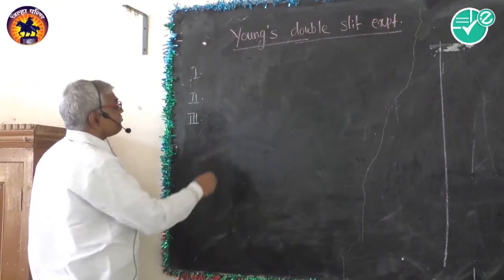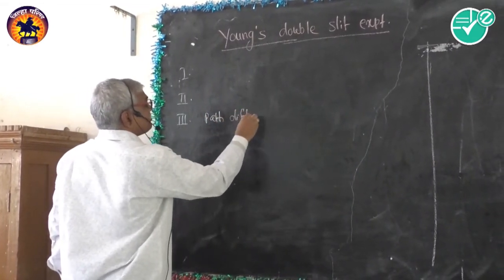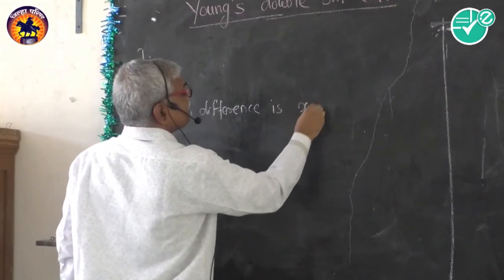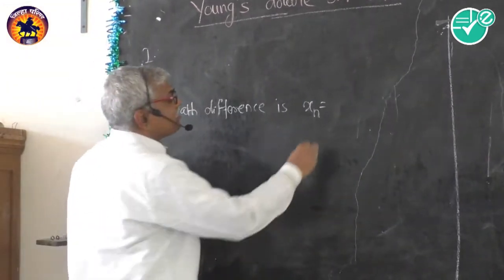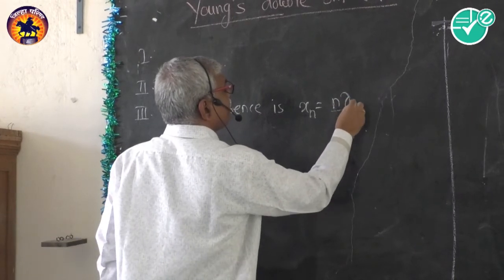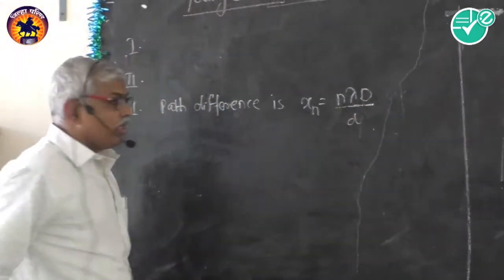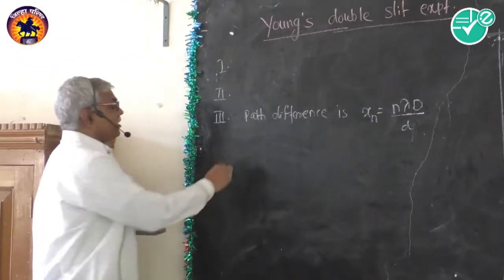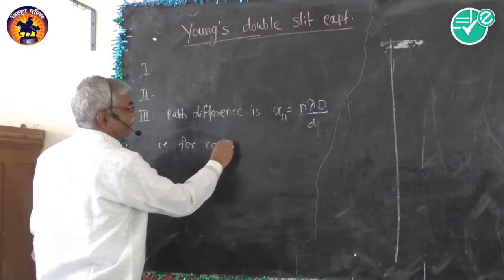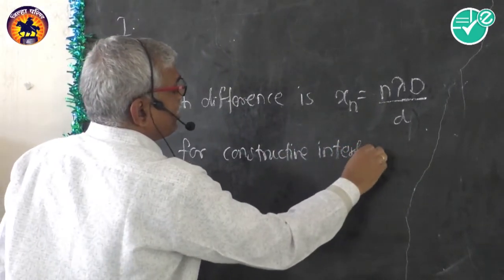Number three, path difference is always equal to xn = nλ d/D, that is for constructive interference.